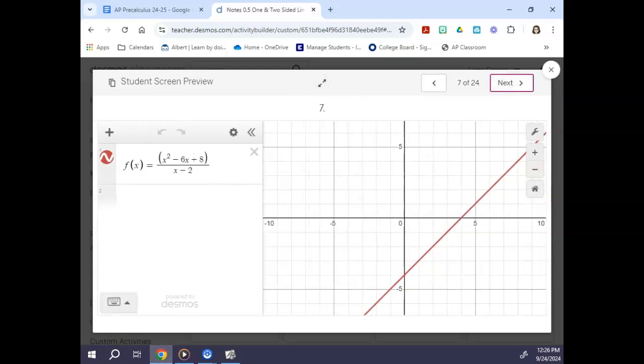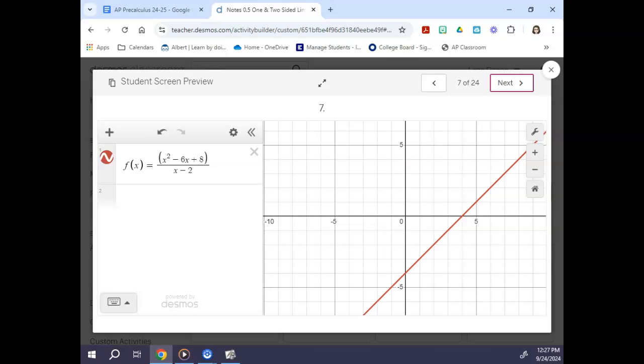All right, so as I approach 2 from the left, now I want you to see what happens. Of course, I think my hand's going to be in the way. Okay, look, when I'm at 2, it's undefined because there's actually a hole there. So this is one that I couldn't just substitute the 2 in. But as I'm approaching 2 from the left, and as I'm approaching 2 from the right, am I approaching the same number? Yes. And what number is that? -2, because it's the y value.